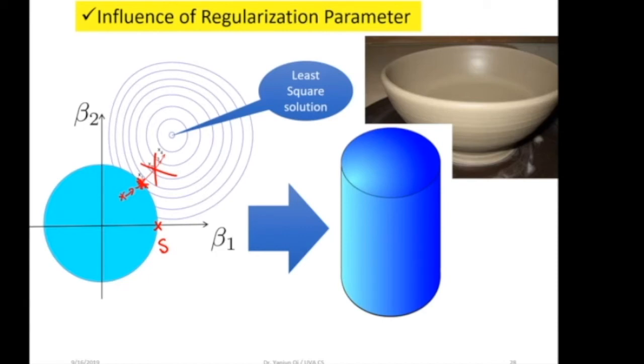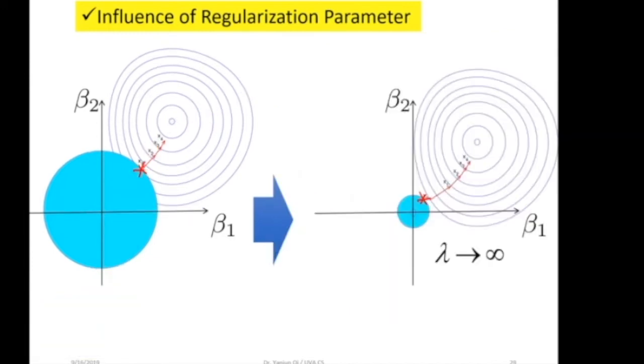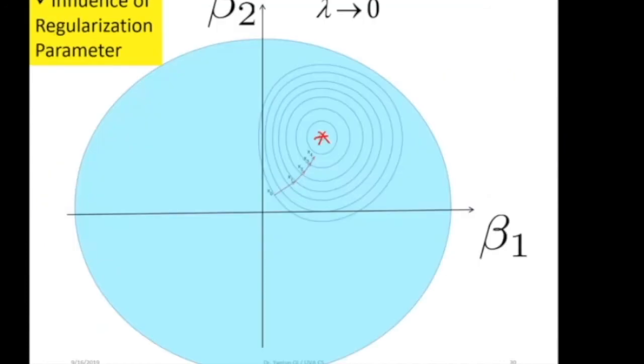When the blue circle is so large, it will cover the OLS solution. So when S gets really large, it's equivalent to lambda close to 0, which means there's almost no regularization, and your solution will be the OLS solution.